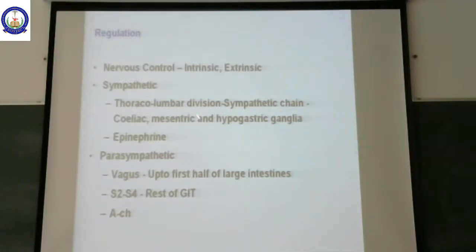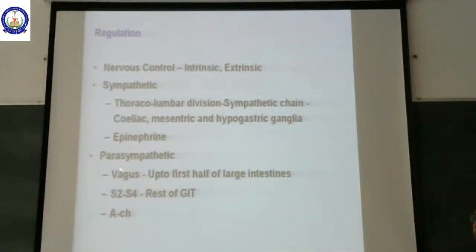Sympathetic is from the thoracic and lumbar divisions, where the sympathetic chain is present, and also from the celiac plexus, mesenteric plexus, and hypogastric ganglia. The main neurotransmitter regulating the functions is epinephrine, whereas parasympathetic is craniosacral outflow, that is mainly the vagus nerve.